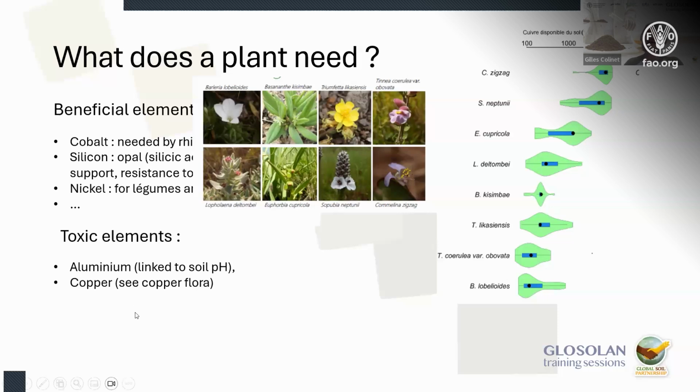So the idea is to try to use this copper flora in order to revegetate the places that have been contaminated.